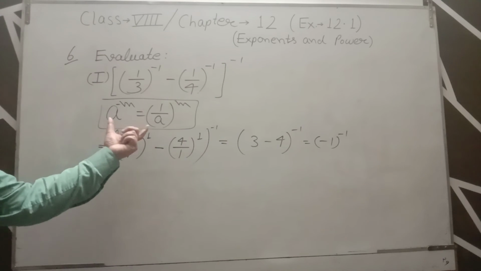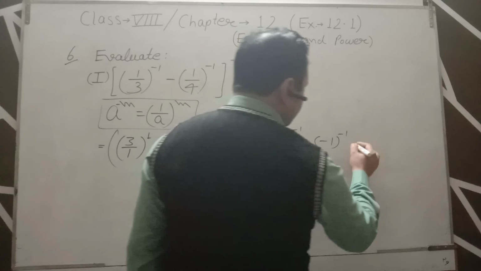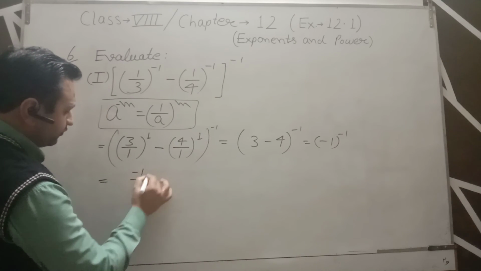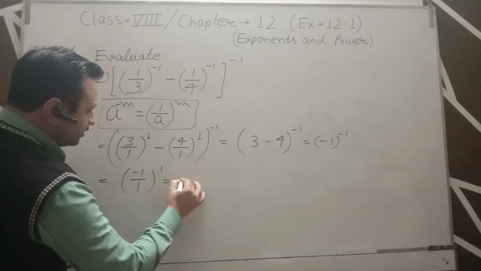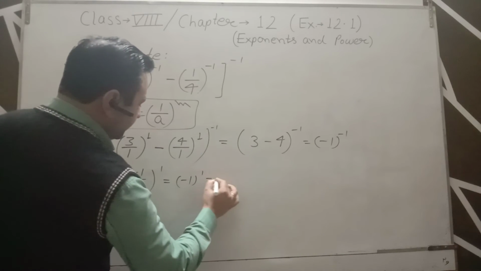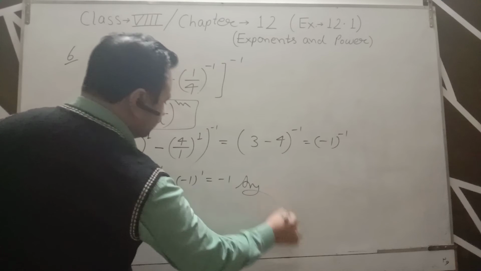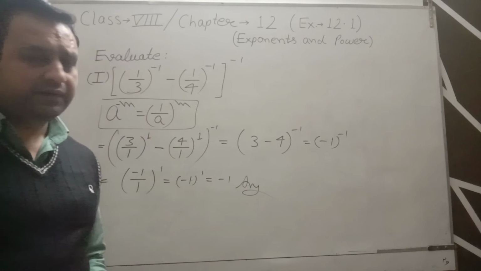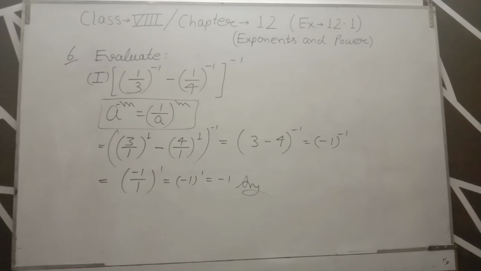Then again we use the law of exponent. It's mean -1/1 whole power 1. It's mean -1 power 1 and the answer is -1. So I sure first part is clear. Just note down.